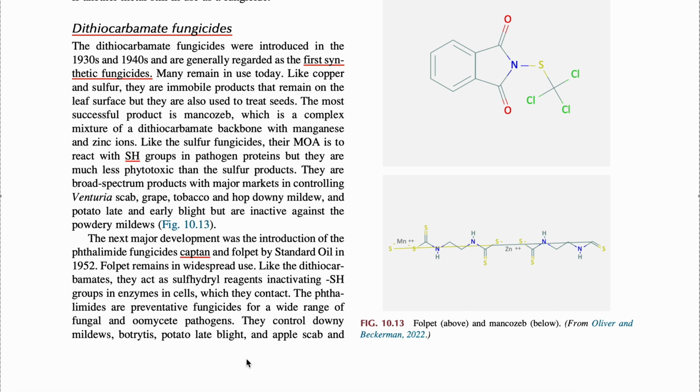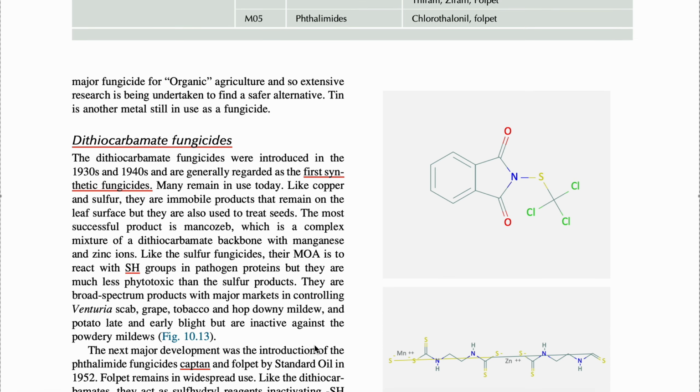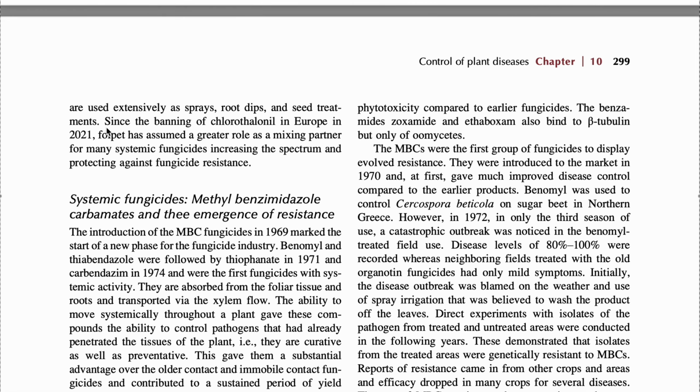They control downy mildews, botrytis, potato leaf blight and apple scab, and are used extensively as sprays, root dips and seed treatments. Since the banning of chlorothalonil in Europe in 2021, folpet has assumed a greater role as a mixing partner for many systemic fungicides, increasing the spectrum and protecting against fungicide resistance.